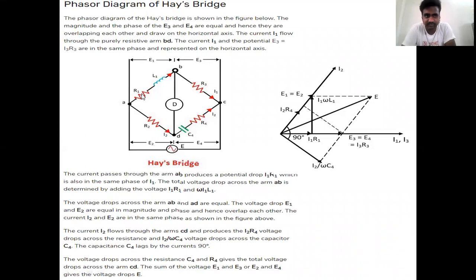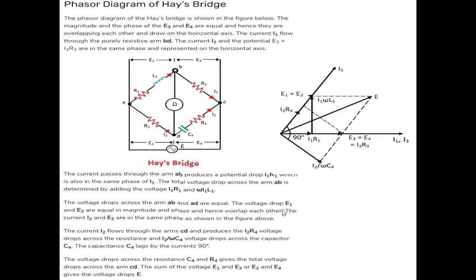Now, in the phasor diagram analysis, we first go through the potential drop, or voltage drop.